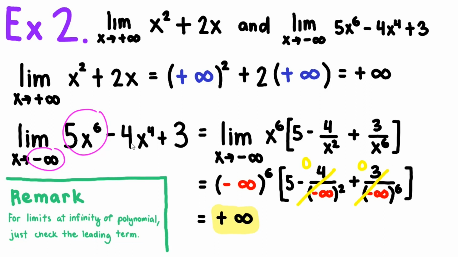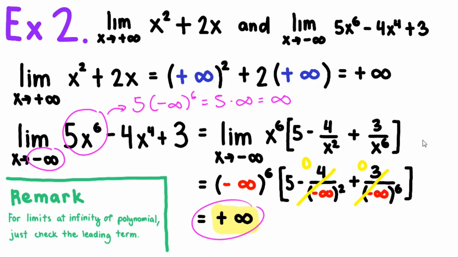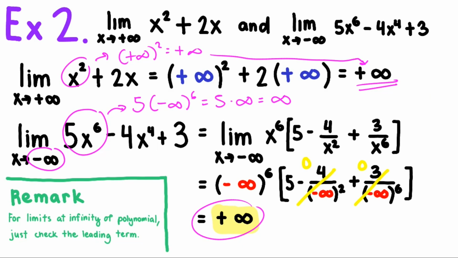If we plug in negative infinity in just this one, we'll have infinity raised to 6, or 5 times infinity, or just infinity, which is the same as what we got. And the same for the first one. If we plug in positive infinity here, we'll just have positive infinity squared, or just positive infinity, which is the same as what we got. So that is the trick when dealing with limits at infinity of polynomials.